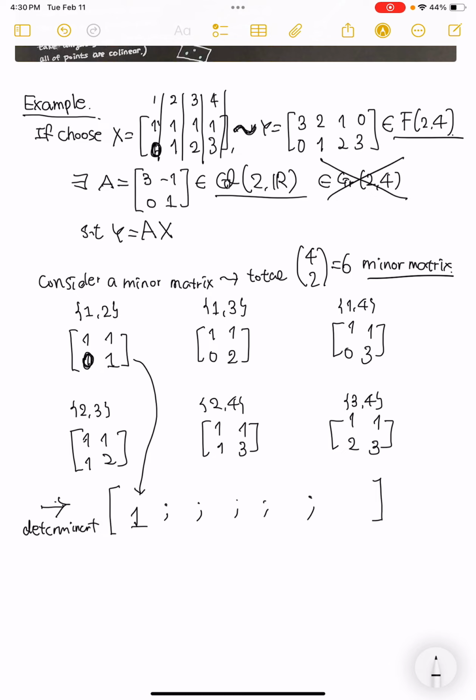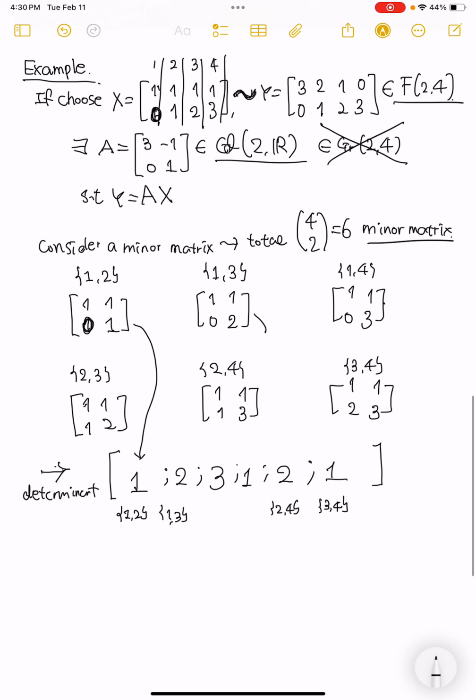The determinant of the 1 2, 1 3 matrix is 2, and that is 3. That is the minor matrix 1 2, 1 3, then 2 4, and 3 4.